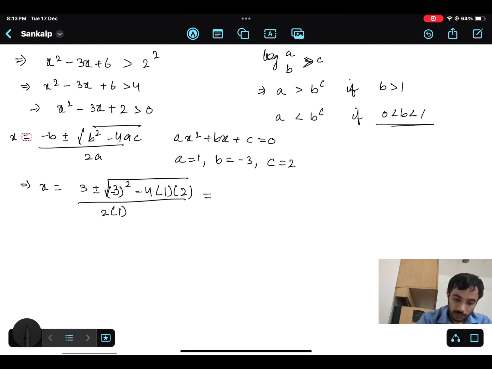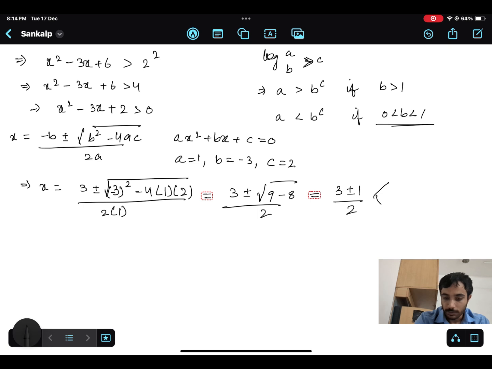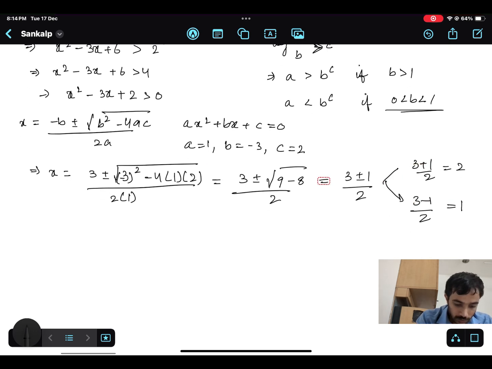So this will be equal to 3 plus or minus square root of 9 minus 8 by 2. So 3 plus or minus 1 by 2. So the two roots will be 3 plus 1 by 2, which is 2, and 3 minus 1 by 2, which is 1. So the expression x square minus 3x plus 2 greater than 0 can be written as x minus 2 into x minus 1 is greater than 0.